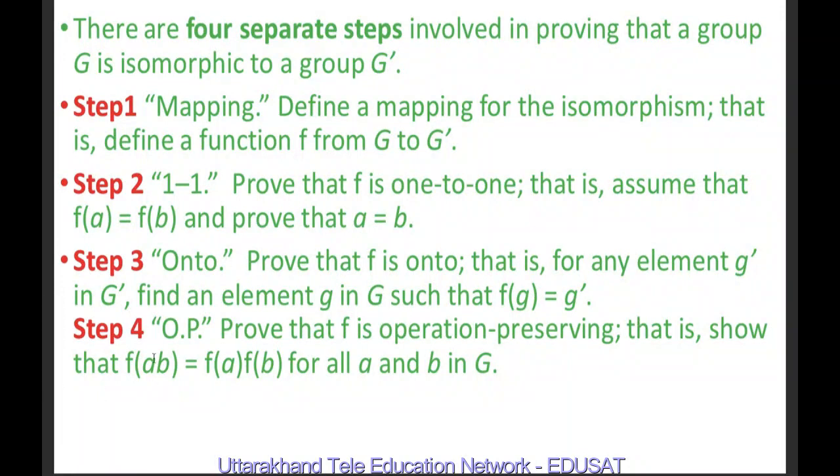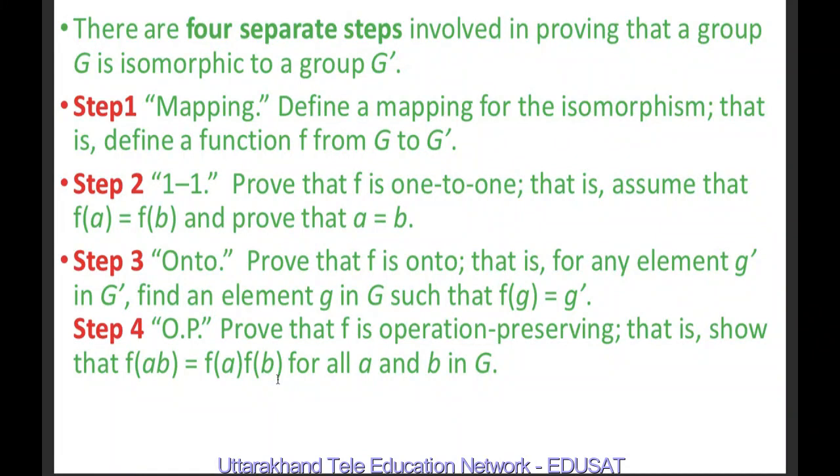And in the last step, we prove that f is operation preserving. That is, we show that f of ab is equal to f of a times f of b. And remember that the operation on the left hand side is that of group G and the operation on the right hand side is that of group G dash, as we discussed in the previous table.